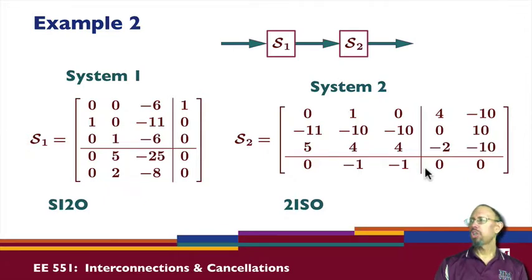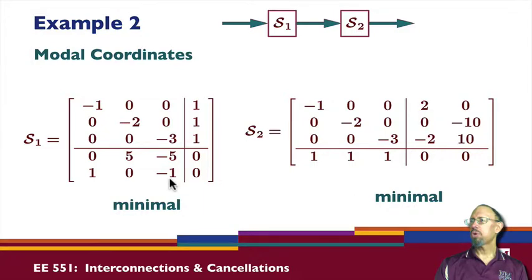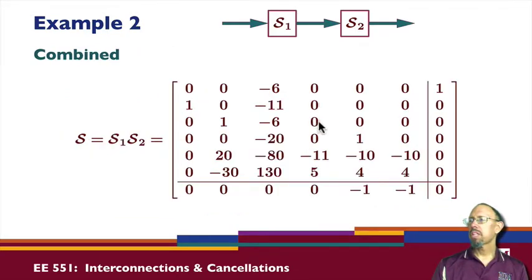And we can go through and show also that we can put those systems into modal coordinates, and we can see that in fact they are minimal. If we go ahead and put the two systems into the series combination, this is what we get. Okay, so we have a 1 and all zeros. That looks pretty scary, with all these zeros and so forth.